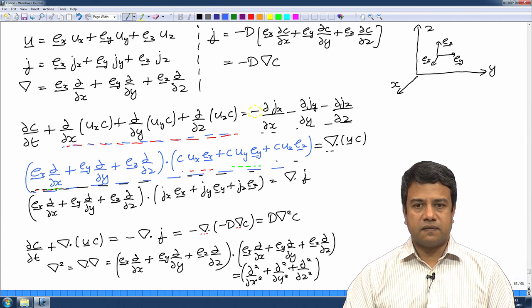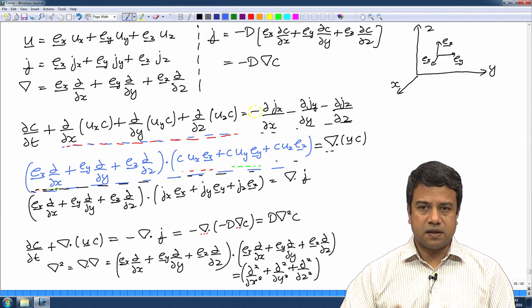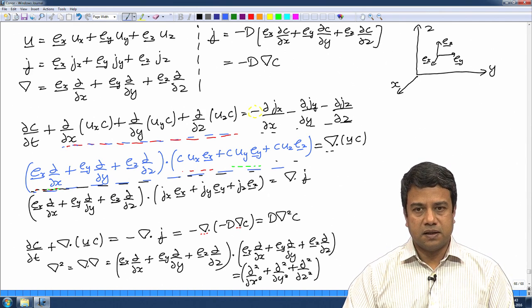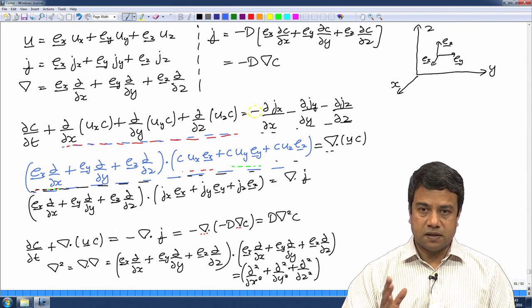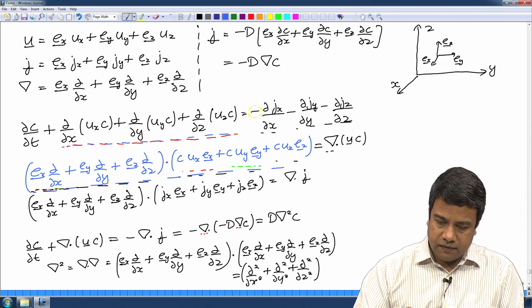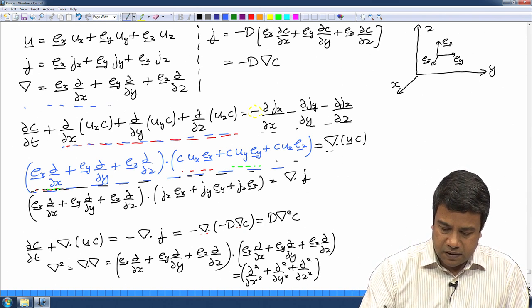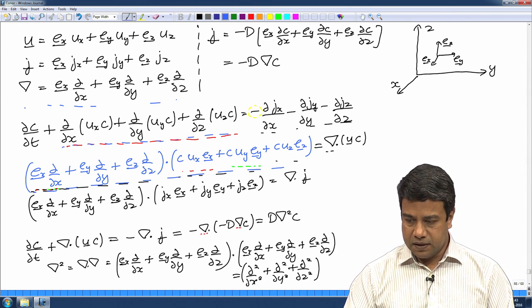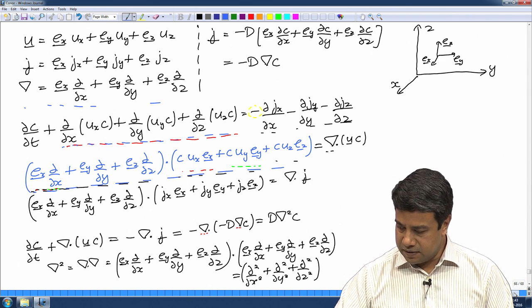Therefore, I can write the vector flux as the unit vector in the 3 directions times the component. That gives a flux vector, the resultant flux vector at a given location. And I had also derived for you a vector derivative. And in terms of this, the conservation equation was quite easy.